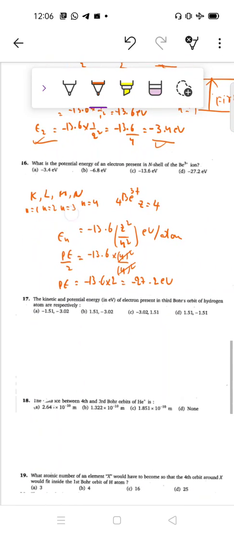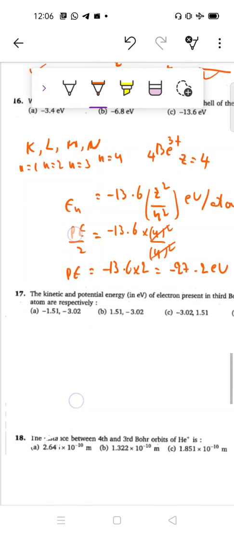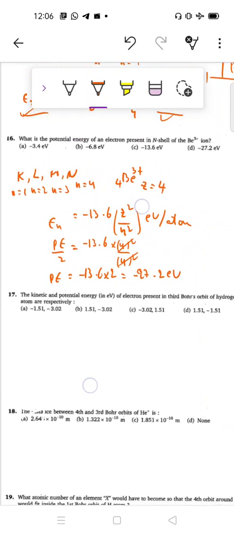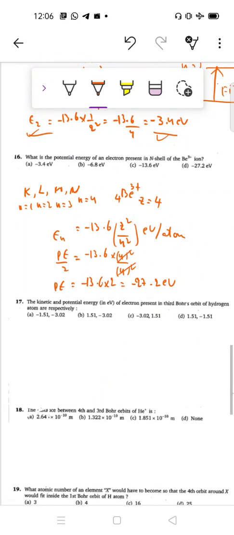Next question, 17th question. The kinetic and potential energies in electron volts of an electron present in the third Bohr orbit of a hydrogen atom are respectively.